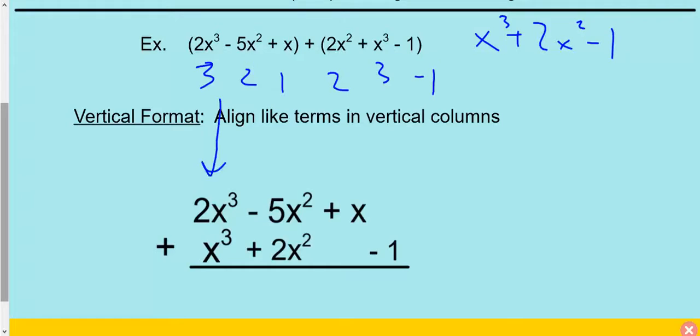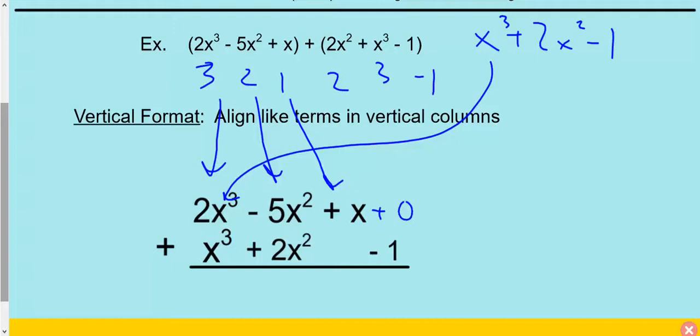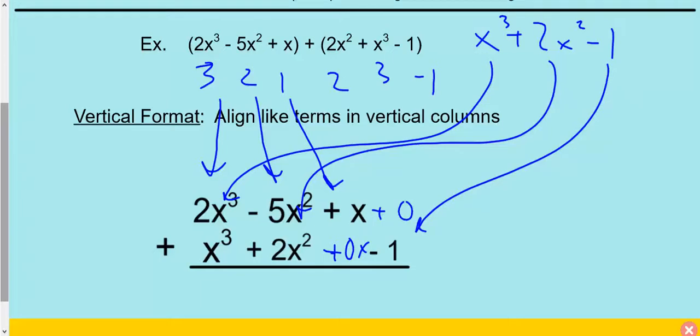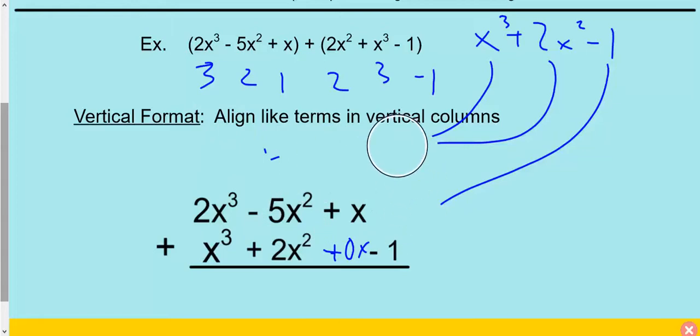You have your 2, your negative 5, your 1x. If you want to put a plus 0 here for the constant term, you can. And then you have your x cubed, your 2x squared, and again, if you want to put a plus 0x right here, you can do that. And then you have your negative 1. So you're aligning them up vertically so that the exponents match up.